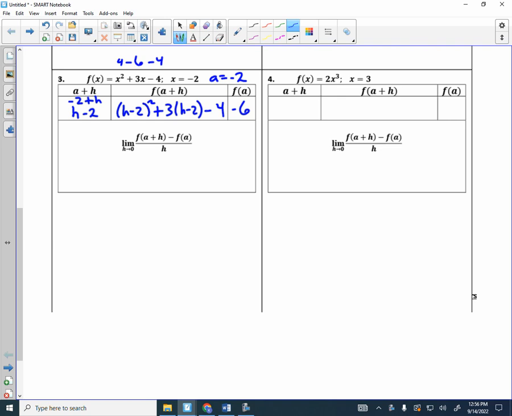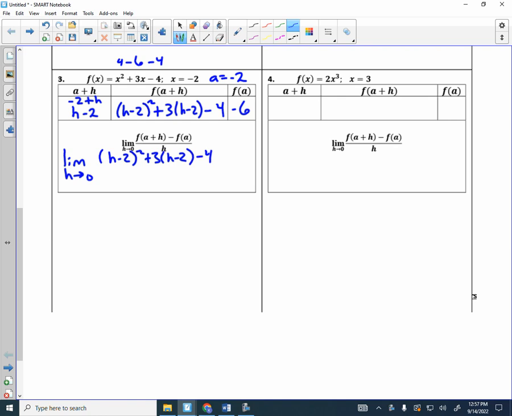Now we are able to write the formal definition of the derivative. The limit as h goes to 0 of, this is f of a plus h. Have we already determined f of a plus h? Yes, it's this thing right here. So you write it out: h minus 2 quantity squared plus 3 times h minus 2, then what?